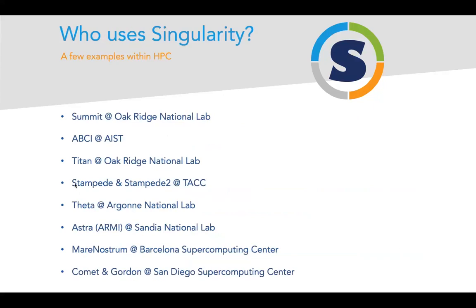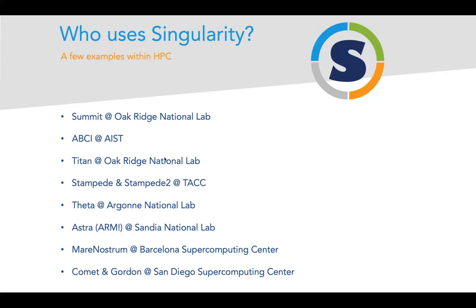So, being as this is a conference which is focused on high performance computing, I think most of the people who are in attendance here have probably heard of Singularity or are probably aware of it if you're not using it already. Just to give you an idea of some of the other centers which are using Singularity and some of the company that you're probably in if you're using it. The fastest supercomputer currently on the top 500, Summit at Oak Ridge, is using Singularity.